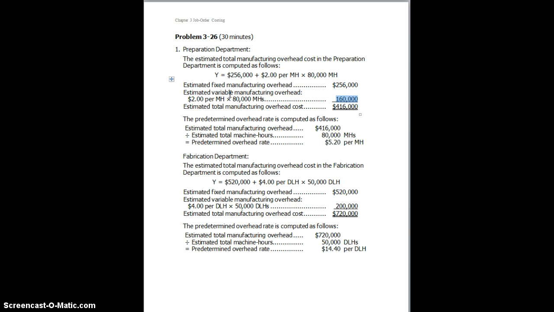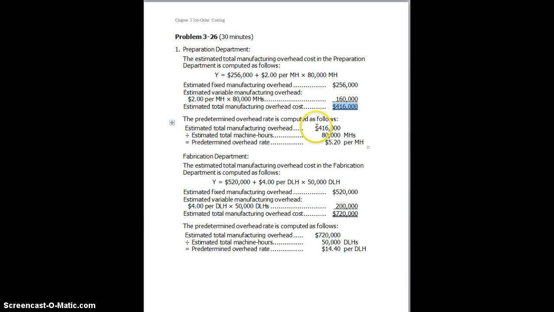We're told in the book that the variable manufacturing overhead per machine hour is $2. We're also told that we expect 80,000 machine hours in the preparation department. Therefore, we expect $160,000 of variable overhead. Given that, we expect our estimated manufacturing overhead cost to be $256,000 plus $160,000, or $416,000.